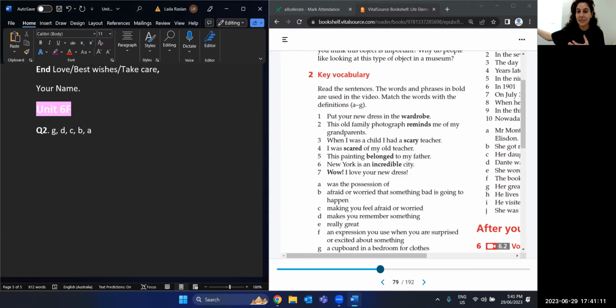So this painting was the possession of my father. It was his. It belonged to him. He owns it. New York City is an incredible city. What does incredible mean? It's an adjective. Great. Really great. So E.